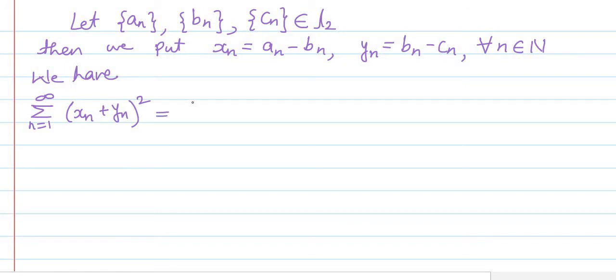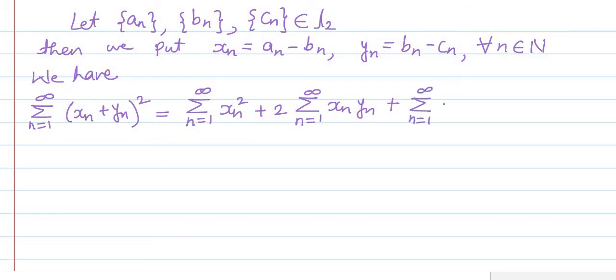This is equal to the summation over n equal to 1 to infinity of Xn square, plus 2 times the summation over n equal to 1 to infinity of Xn into Yn, plus the summation over n equal to 1 to infinity of Yn square.